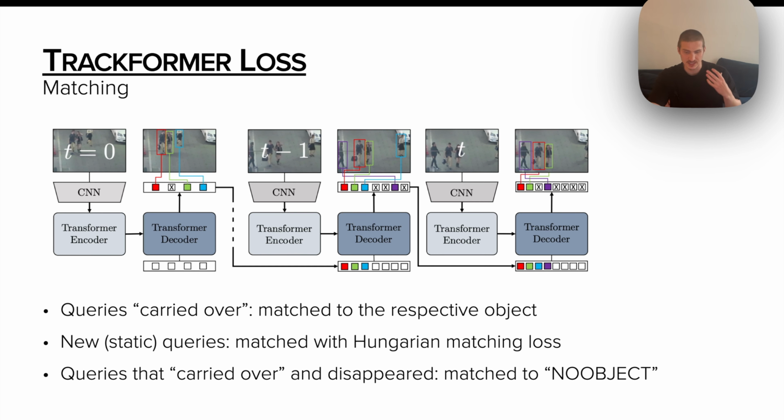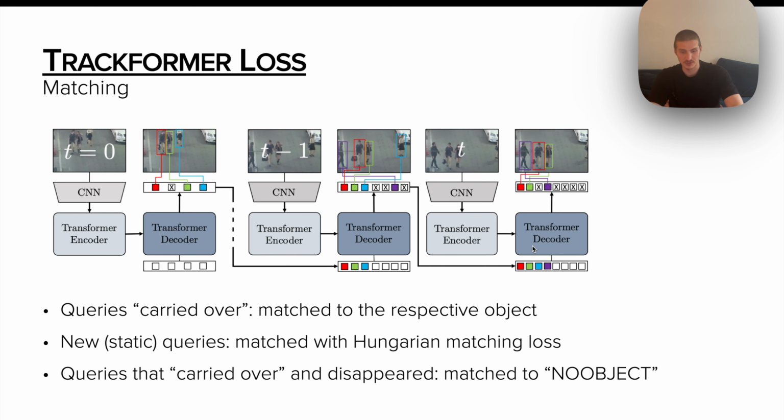We only use Hungarian matching loss for new static queries. For these white ones that were not previously matched with anything on previous frames, we get some model predictions. Some of them will output an object class, and then we use Hungarian matching loss to find which ground truth object this query is matched to in the best way.